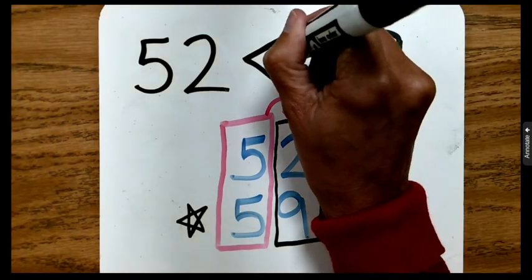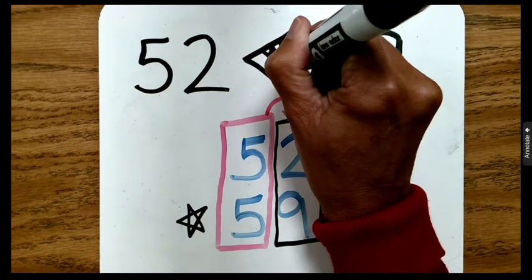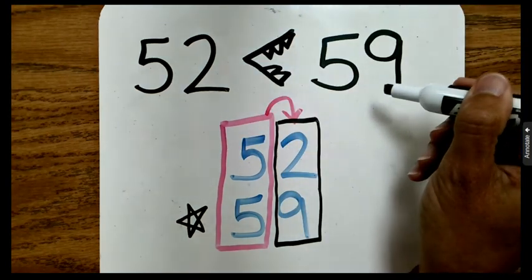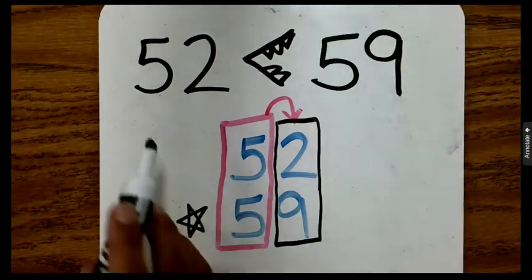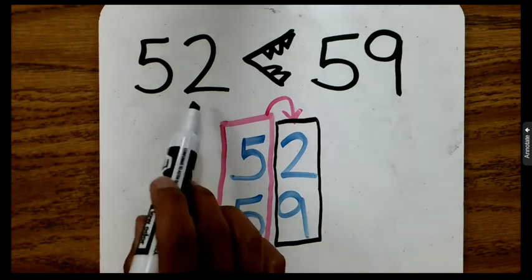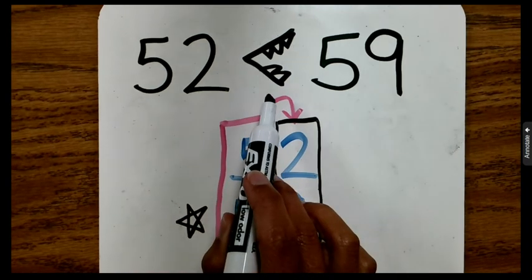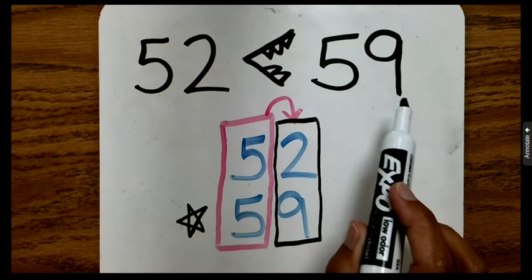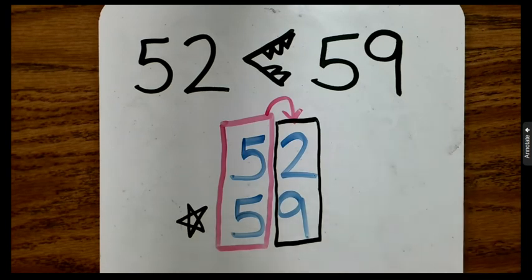So we can, again, think of it as the teeth and the mouth. We're going to chomp up the 59, and in this case, we wrote 52 is less than 59. So remember that stacking your numbers and using a number line is a great way to practice comparing numbers.